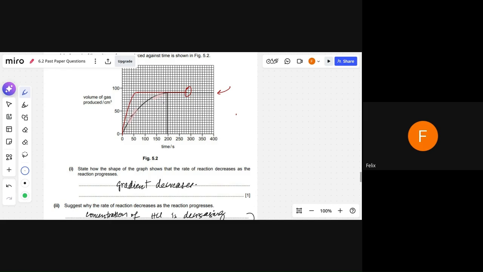But now with the crushed pieces with increased surface area, the reaction is taking around 50 seconds to produce the same amount of oxygen that was being produced before in 200 seconds. So this is the difference, right? And this is what is meant by increasing the rate of a chemical reaction.